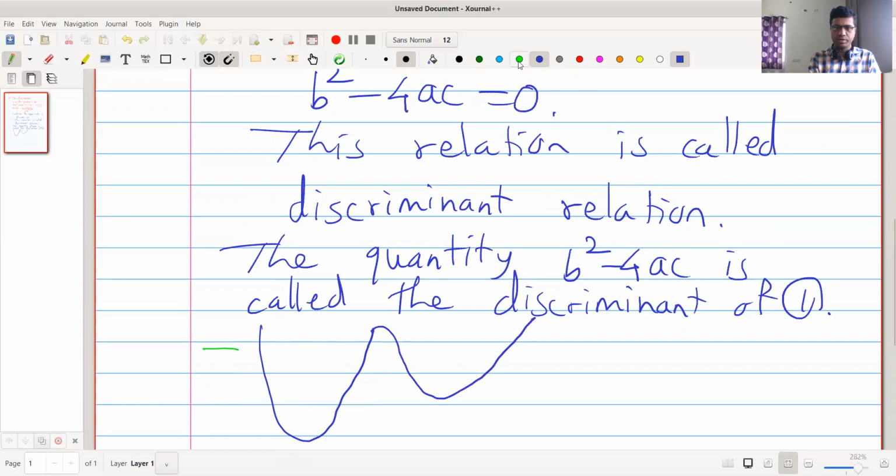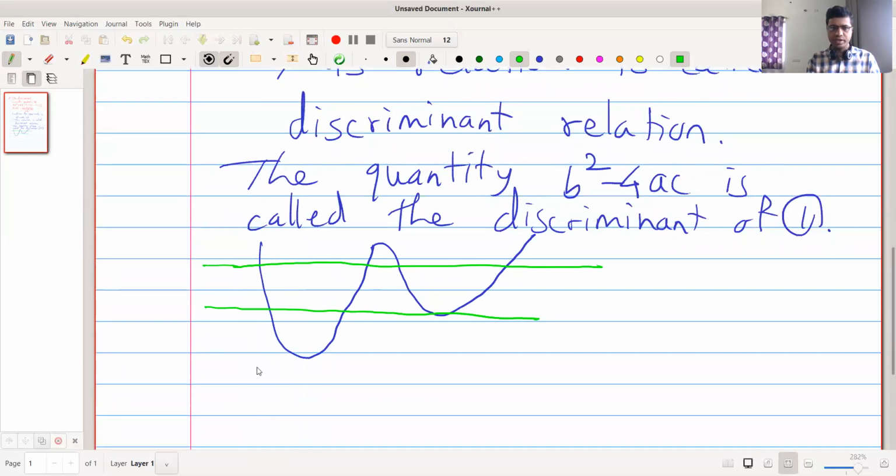For example, for this parametric curve, for this value of parameter we have 4 solutions. For another value of parameter we have 3 solutions, and for one value we get one solution.